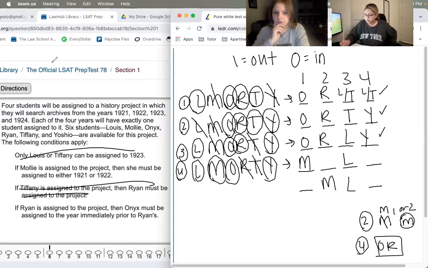What variables are you left with? Then we have Y and O. Do we care about where they go? No, because like you said earlier, there's no rule that's been attached to Y. So Y is a floater throughout this entire game.